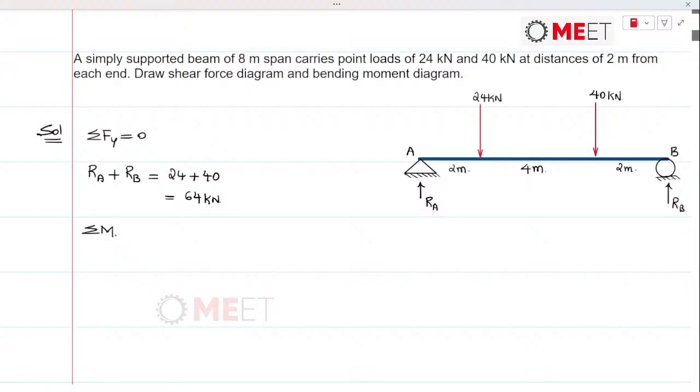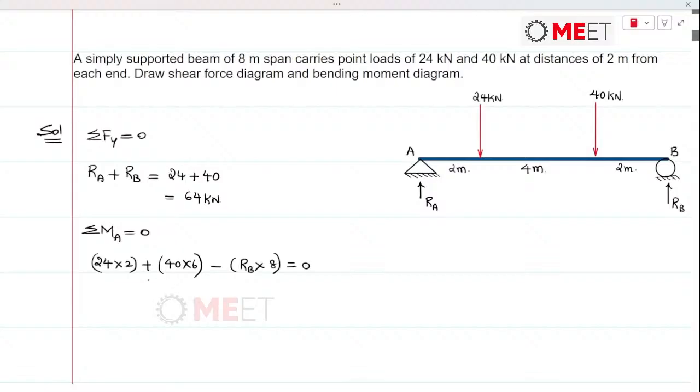Next is the moments about the point A. The 24 kilonewton load produces clockwise moment about A, that's 24 into 2, plus the 40 kilonewton load produces clockwise moment about the point A as well, that is 40 into 6, minus RB into the distance between A and B, which is 8 meters.